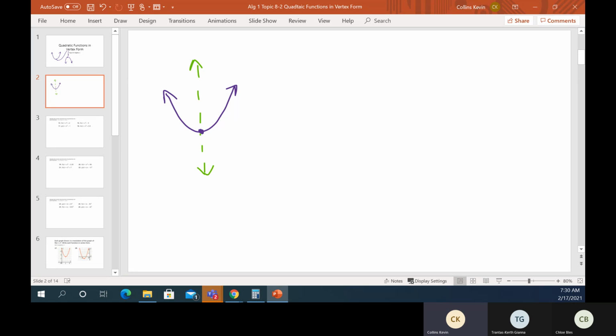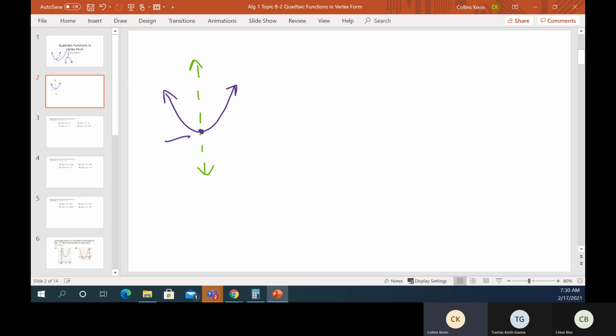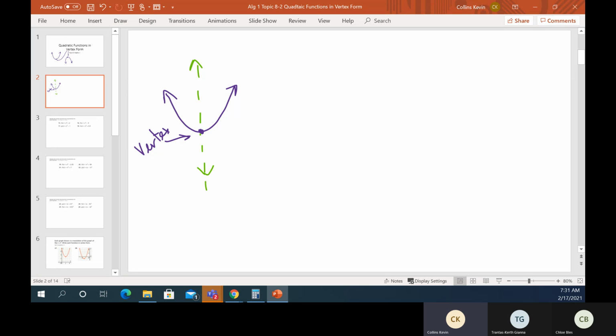So of course they got some names for this stuff. We already know that this guy is the vertex. And then this guy, the math guys have to have fancy names for everything, is called the axis of symmetry. The axis of symmetry divides it into two symmetrical pieces. They pretty much look the same, except they're mirror images of each other.